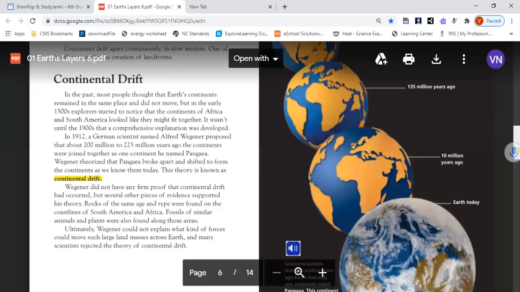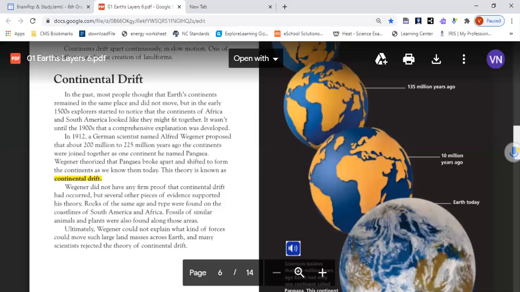Ultimately, Wegener could not explain what kind of forces could move such large land masses across Earth, and many scientists rejected the theory. Though he understood the concept and his theory was right, he could not prove it. As a scientist, we need to prove our observation and find a way to analyze the theory behind it.